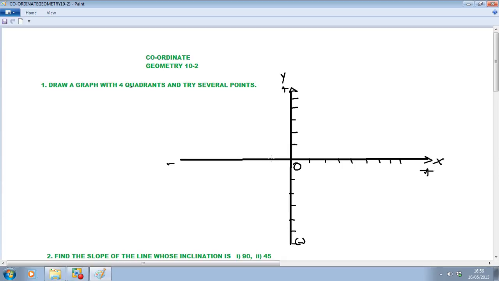So the x-axis we mark like this: 1, 2, 3, 4, 5, 6, 7. We just mark for reference 1, 2, 3, 4, 5, 6. So this is 6.